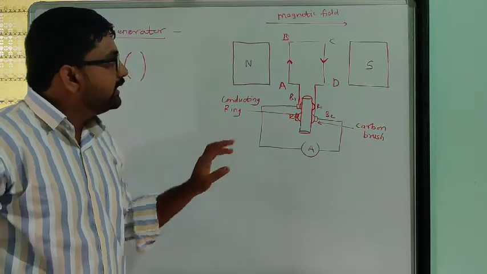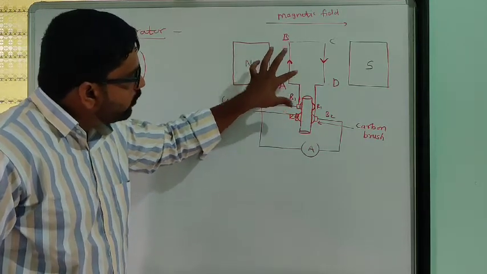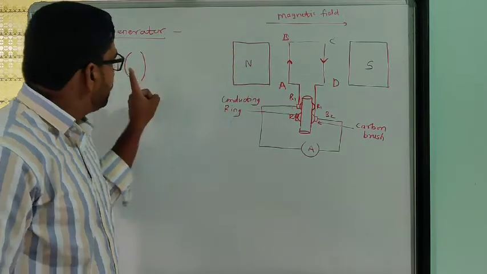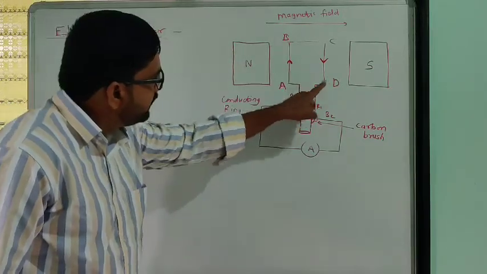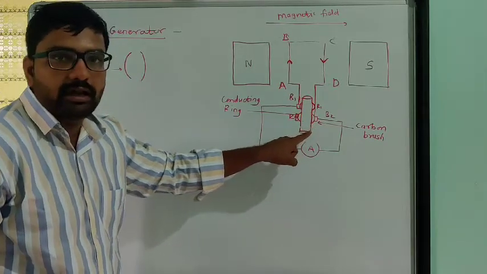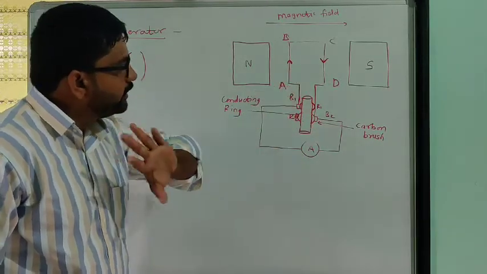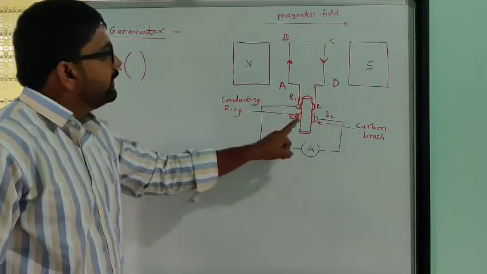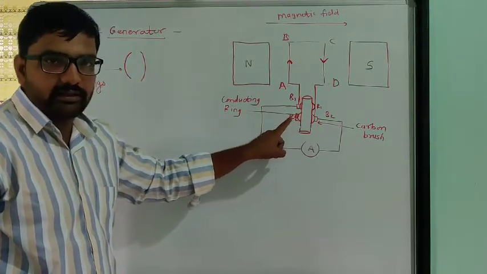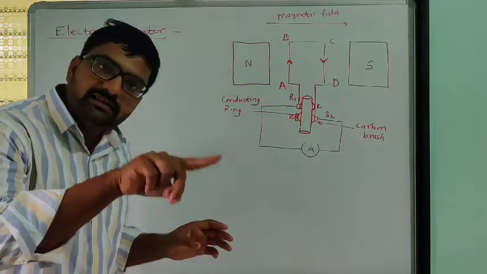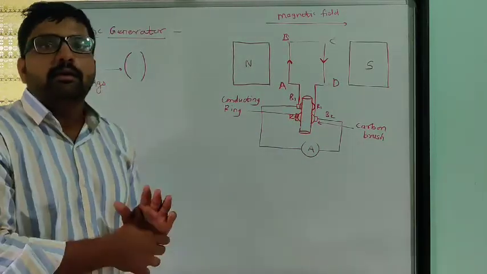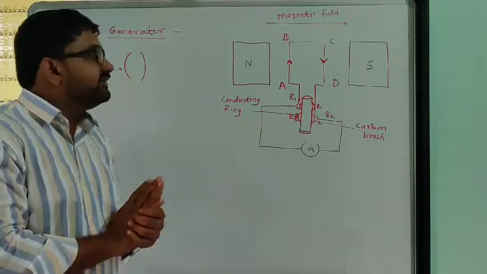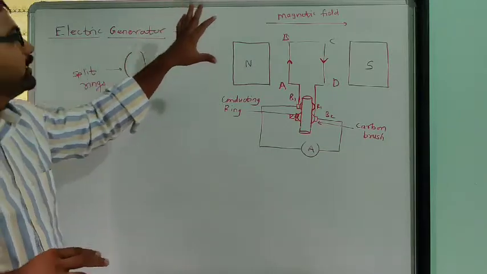This side will again contact only one half ring, and this side also connects to the other half ring. So the direction of current does not reverse when we connect these split rings in this circuit. So we can convert an AC generator to a DC generator by using split rings. This is the working of the electric generator.